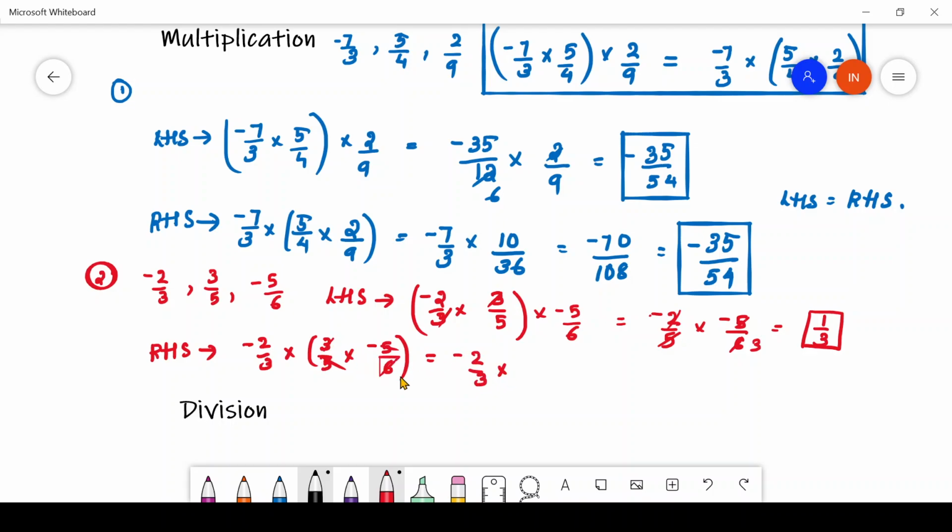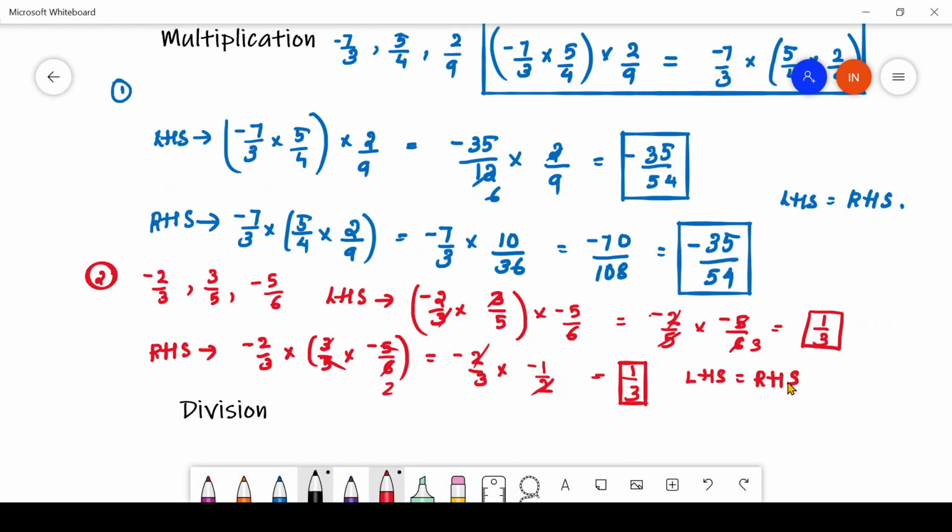And you can cancel these two and you can write it as 2, right? So inside the bracket, it will be negative 1 by 2. And here also you can cancel these two. And what is the answer you are getting? Yes, it is 1 by 3. So here also you can conclude that LHS is equal to RHS.